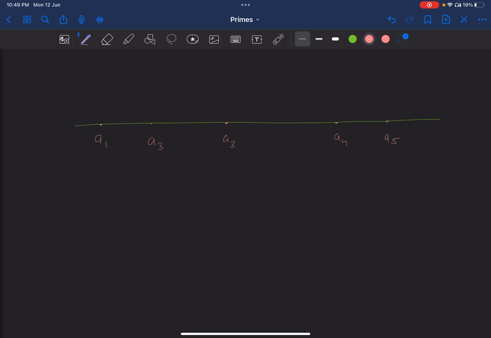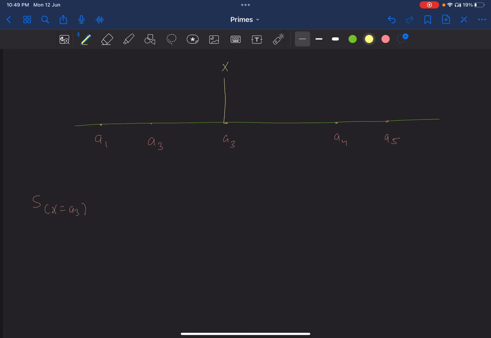Okay. Now let's try to write S when x is equal to A3. So x is equal to A3. So this is a number line, right? We can say that this is x.